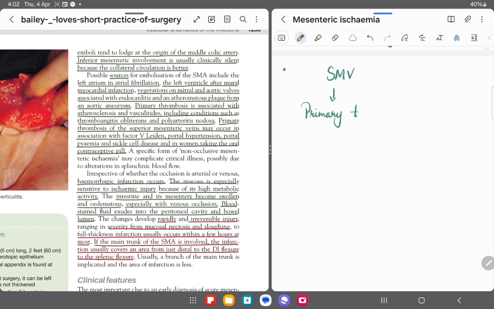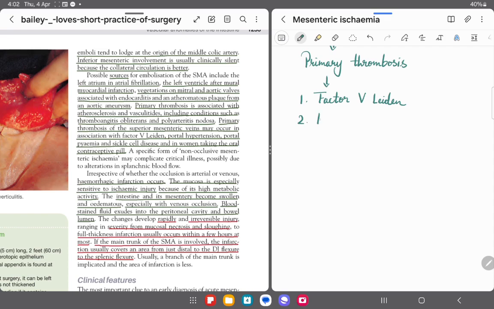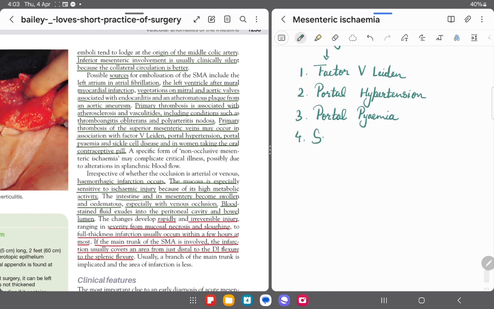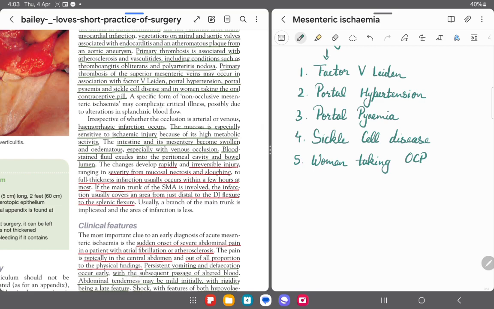This can occur in association with factor V Leiden, portal hypertension, portal pyemia, sickle cell disease, and in women taking oral contraceptive pill.